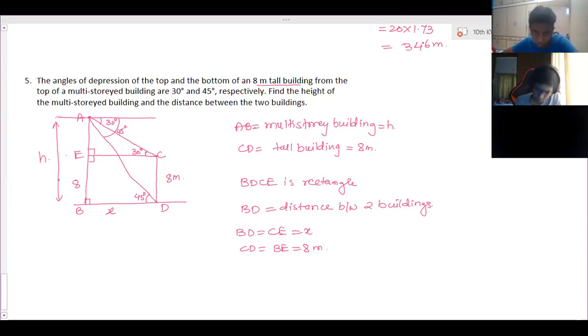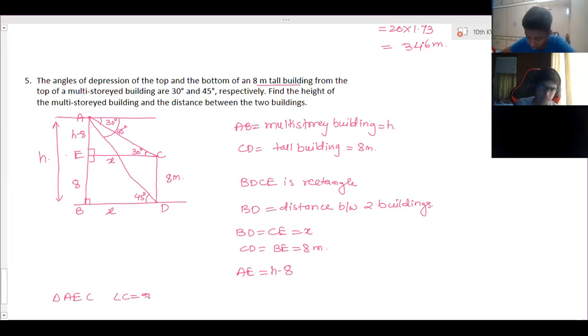So how much is AE distance then? H minus 8 meters. So this is h minus 8, and this is x. CE is x. So use triangle AEC.